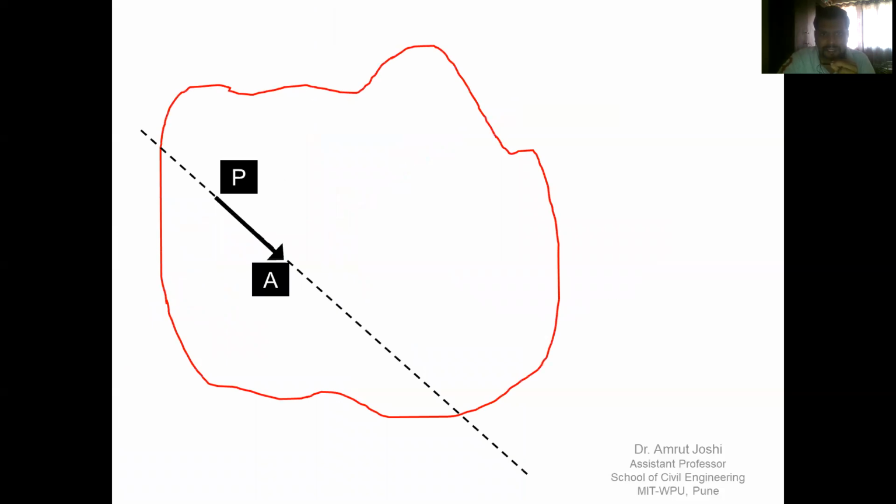Now let us consider another example. The shape that is marked in red is the body. As it is of arbitrary shape, that means I am not interested in the precise shape and size of the body.